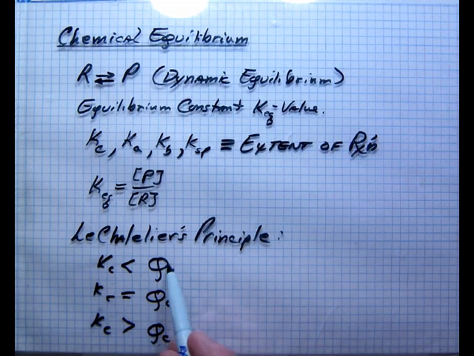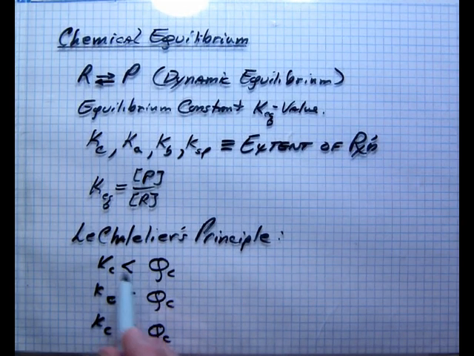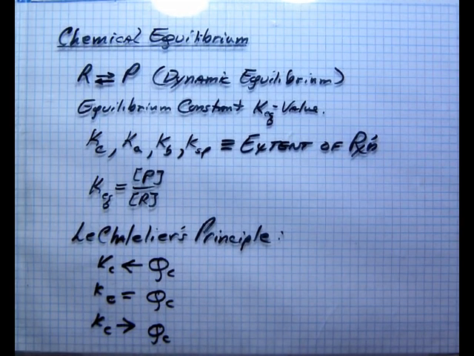If you make a calculation of QC and it's greater than KC, the way I've set this up, with the K first followed by the Q, then you can use the inequality as a pointer in the direction the reaction will shift. So in the textbooks will show Q first and then K. But if you switch those and use the inequality, it will shorten your memory effort and quickly tell you which way it's going to shift.